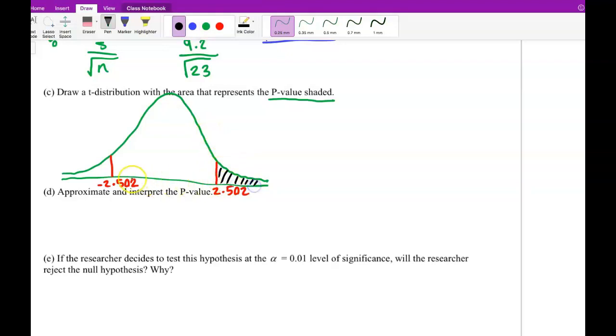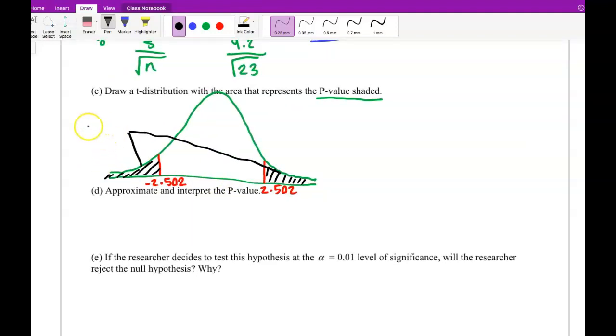So what we have is this bar on the right side plus what we have on the left. So the p-value is this part plus what we have on this other part. So it's the sum of the areas, and that is the p-value.